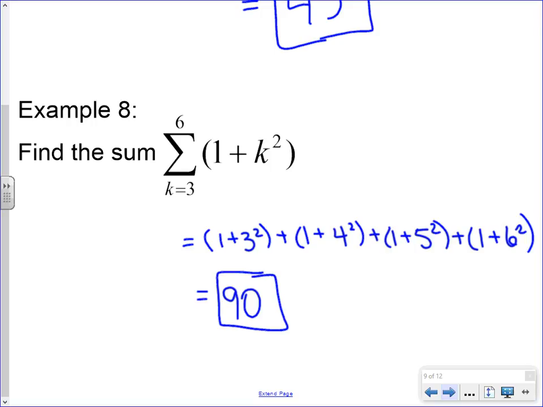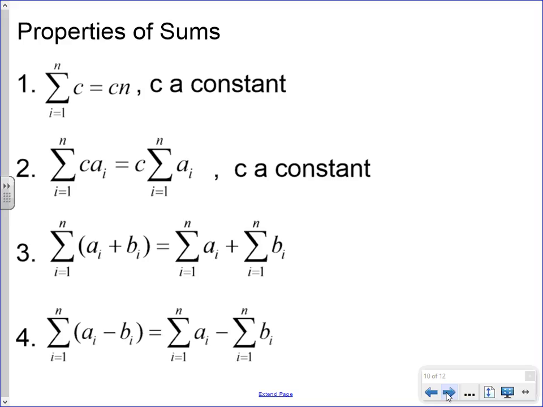All right. I am going to show you some properties of sums. I don't think that it's necessary that you write these down, but if you want, just write that they're on page 610, let's talk about them, and if you need to look them up, then you can. Some of these are obvious.